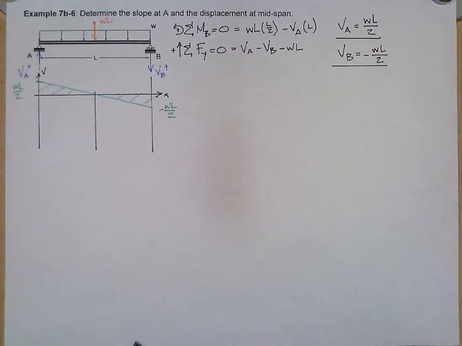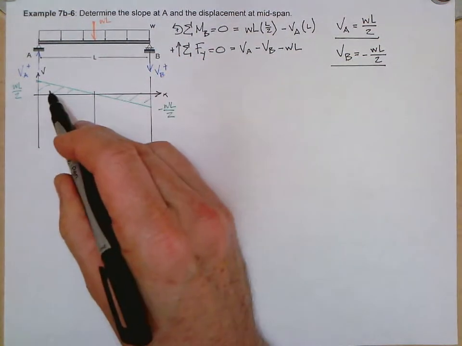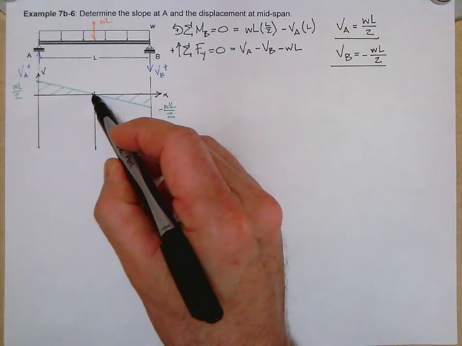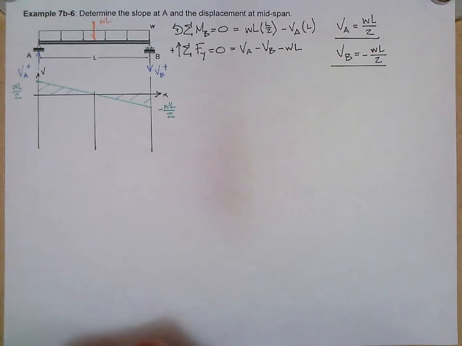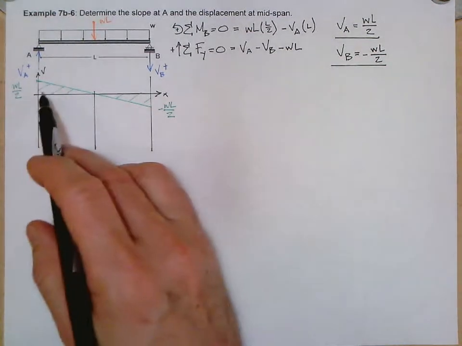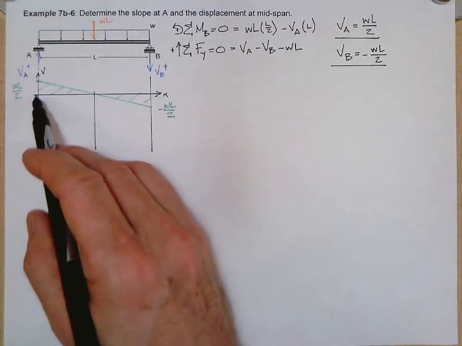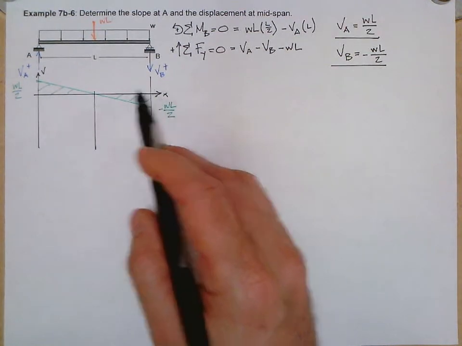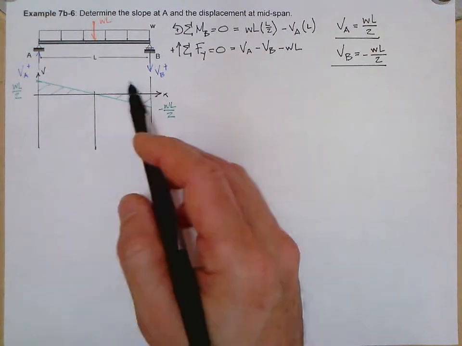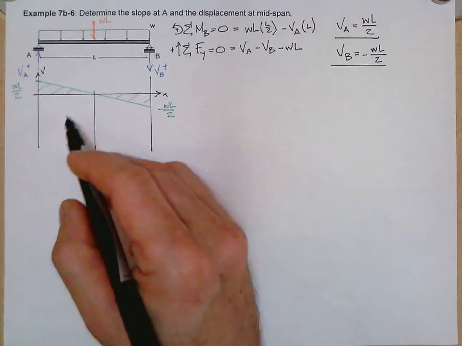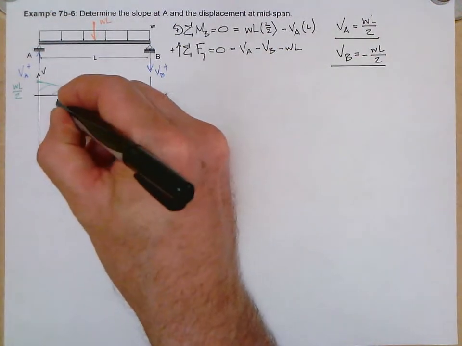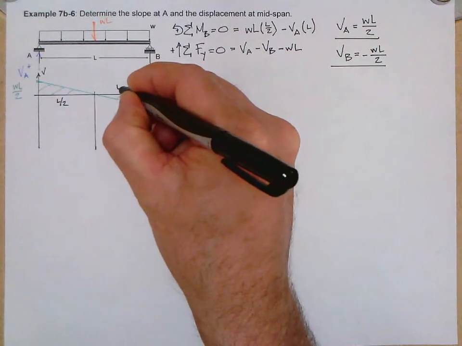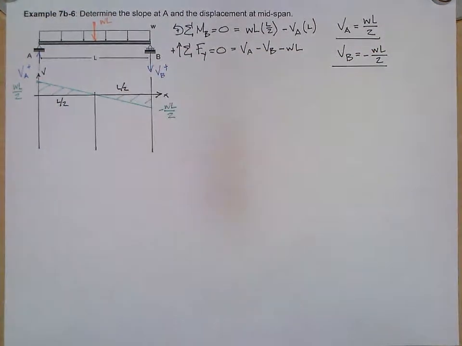The point where the shear goes from positive to negative is a point of zero shear. So what is that? Well, these two triangles are similar. So the height to the base on this one is equal to the height to the base on this one. The heights are equal, so the lengths should be equal. And those two lengths should add up to L. So this should now be L over 2. So that's an easy one.